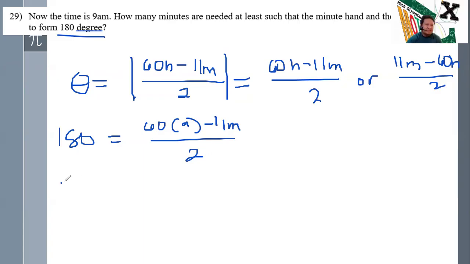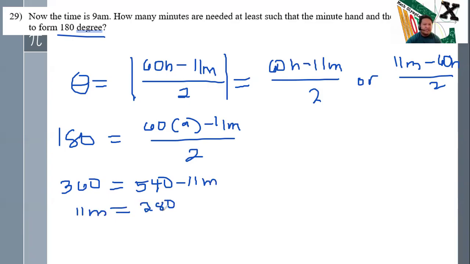So 180 times 2, that's 360, is equal to, first case, 540 minus 11m. By transposition, 11m is equal to 180.